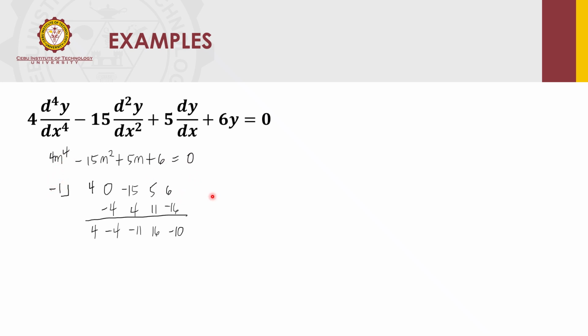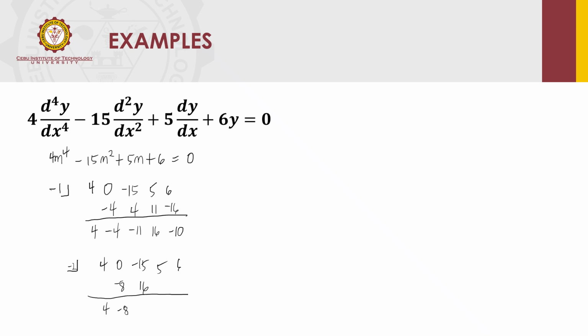So you can try, for example, next is negative 2. Just repeat the process for 0, negative 15, 5, and 6. If it's negative 2, it's 4, and then negative 8, and then negative 8, and then 16.